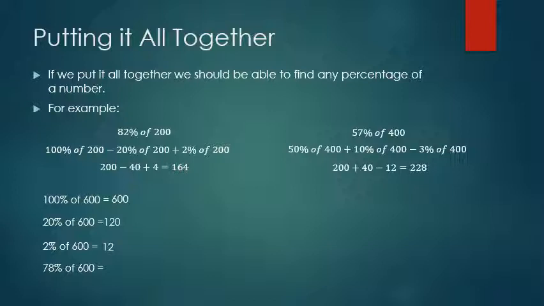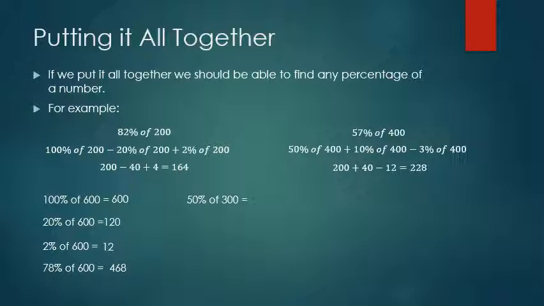So the nearest 10 to 78 would be 80. So we could do 100% take away 20% to get to 80. And then we would take away another 2 to get to 78. So 100% take away 20% would be 600 take away 120, which would be 480. And then take away 12 would be 468. So 78% of 600 is 468.